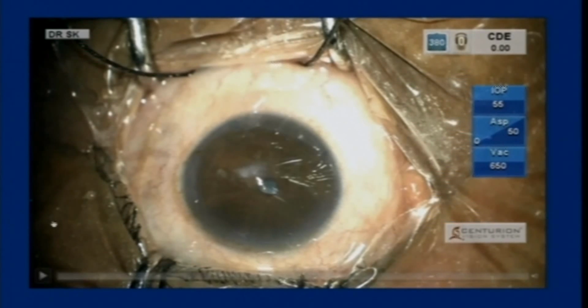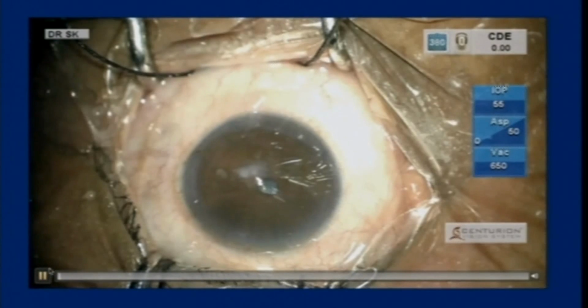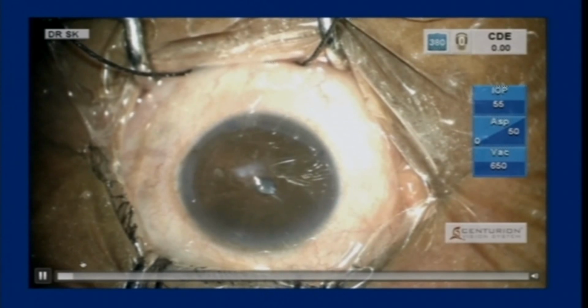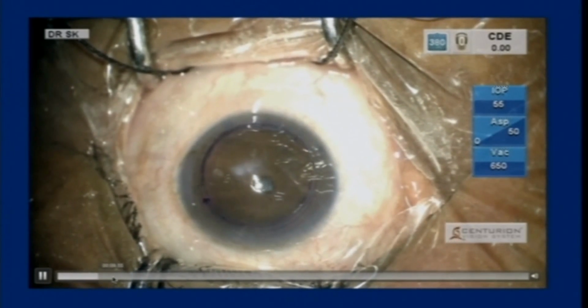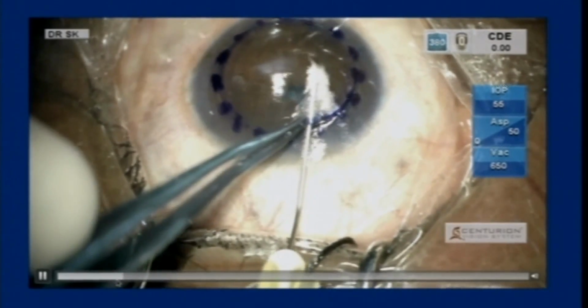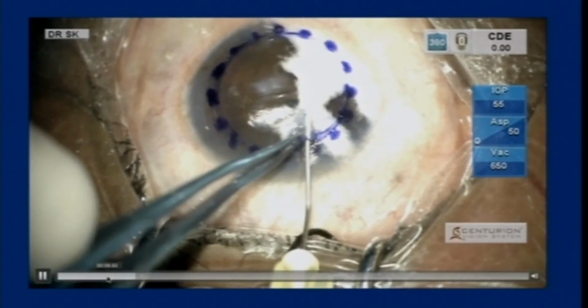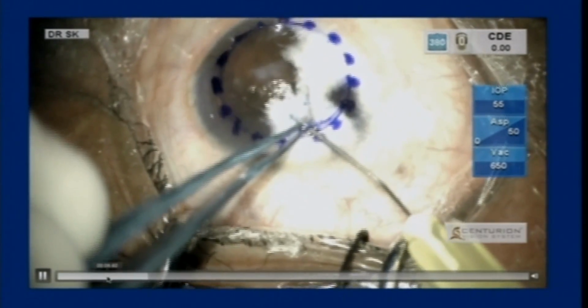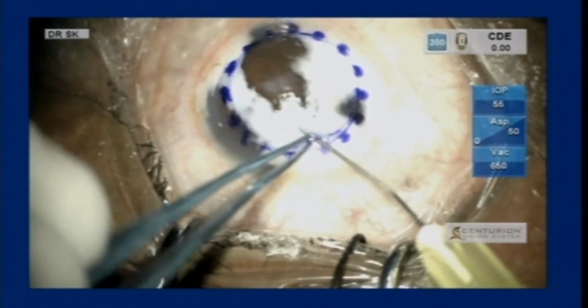Coming to the surgical procedures, this is a case of advanced keratoconus with a stromal scar, and we attempted the big bubble technique in almost all the cases, but one case with advanced post hydrops corneal scar.